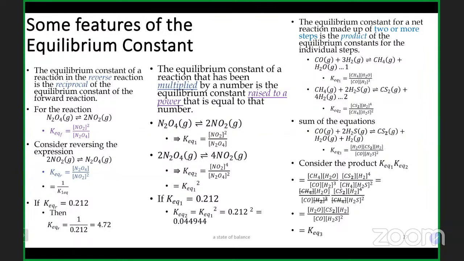If you're following with the notes, around pages 14, 15. Oh, I thought this one was animated. So, some other features of the equilibrium constant.